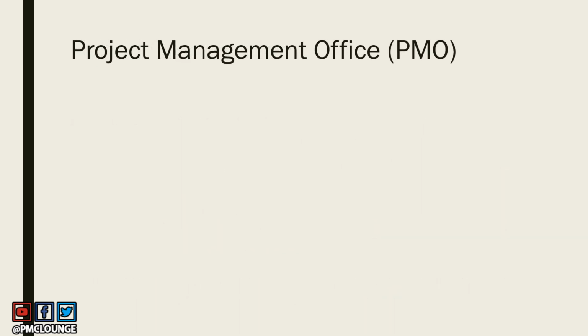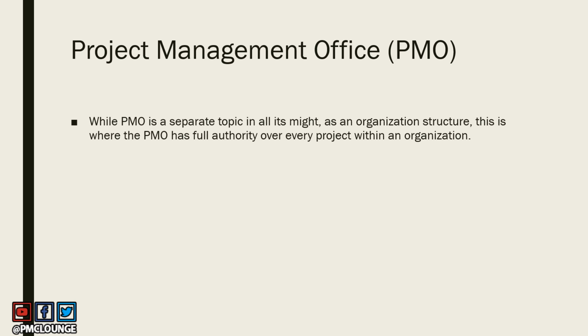The last one is the Project Management Office, or the PMO. We have a separate video on PMO because this is typically a separate topic as well. And when it comes under the organization structure, all that you need to understand is the fact that the PMO is basically a department, and it has full authority over every project within the organization.